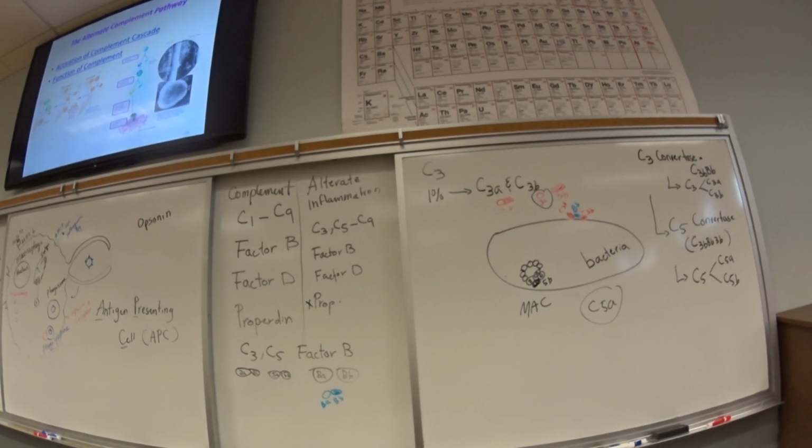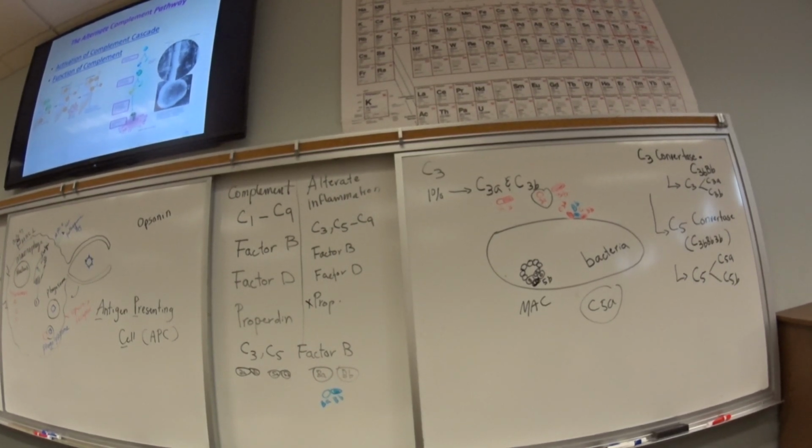So now you're splitting or activating all of the C3s. Your concentration of C3A and C3B goes up. Some of those C3Bs will attach to the surface of bacteria. Some of them will come with the help of properdin and attach to C3 convertase, changing it into C5 convertase: C3b, BB, 3b. Once C5 convertase is there, you split C5s.